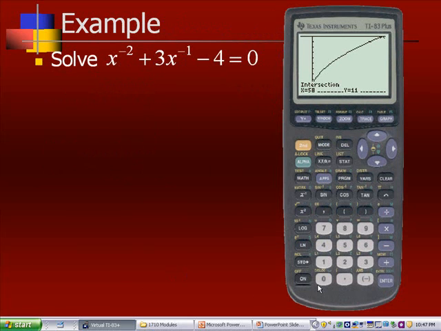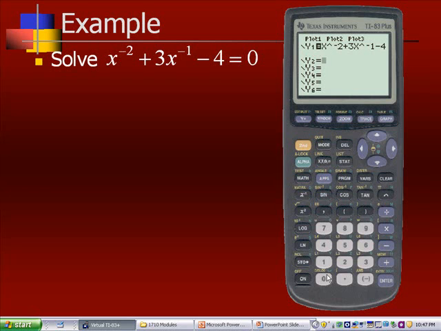Now, what about this one? X to the negative 2 plus 3x to the negative 1 minus 4. Well, if we wanted to just plug it in our calculator, we would get x to the power of negative 2 plus 3x to the power of negative 1 minus 4.